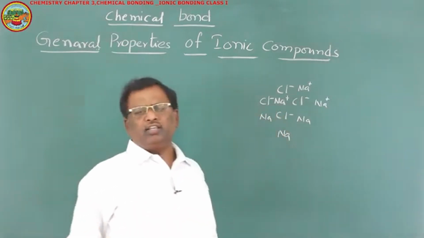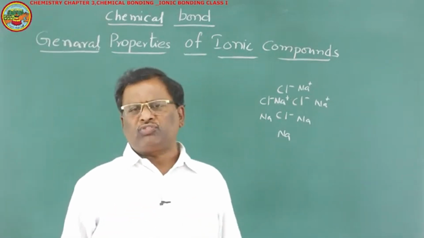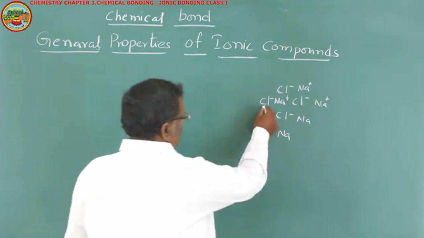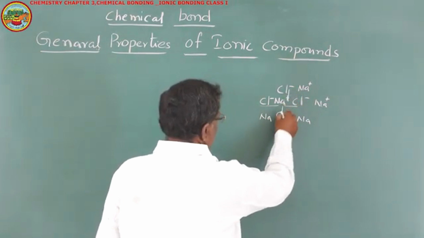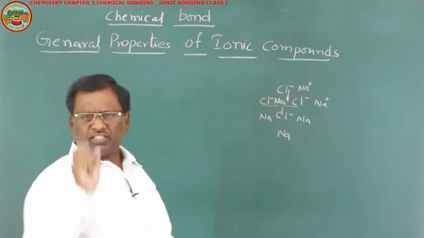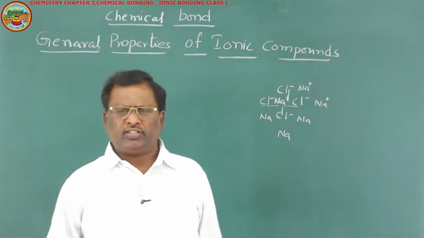So each ion is surrounded by oppositely charged ions. No specific bond is formed between any two oppositely charged species, because there is a possibility of bonding between these two, and this one and the back side also. So there is no specific bond. These attractive forces are completely arranged.